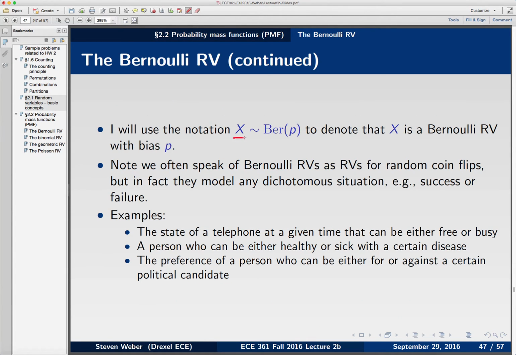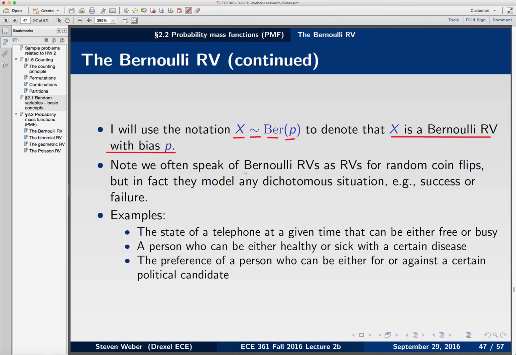So if I write x tilde Ber p, that's to be read as x, the random variable, is distributed as, that's what tilde means, Ber for Bernoulli with bias p. In other words, x is a Bernoulli random variable with bias p.